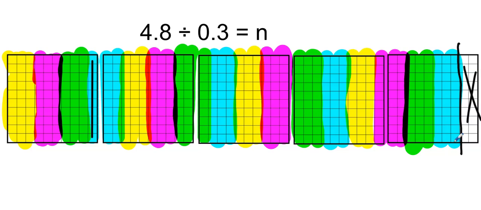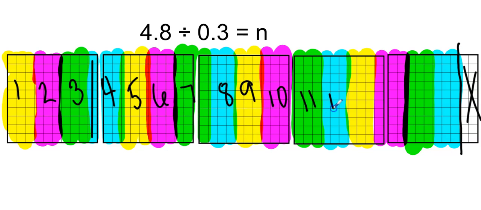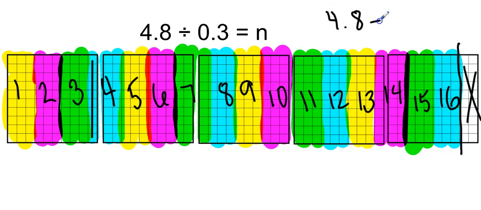So how many times did I divide that by 3 tenths? Let's get our pen. 1, 2, 3, 4, 5, 6, 7, 8, 9, 10, 11, 12, 13, 14, 15, 16. So I made 16 groups. So if I had 4 and 8 tenths and I divided it by 3 tenths, that equals 16.